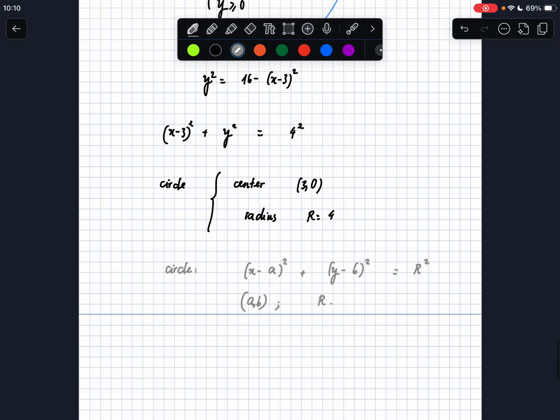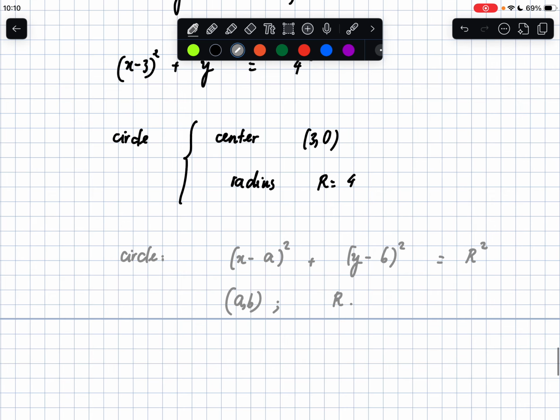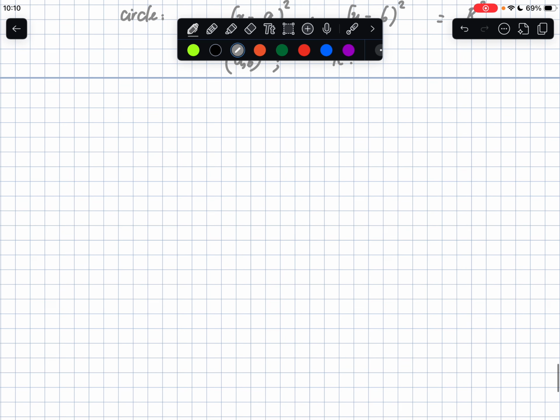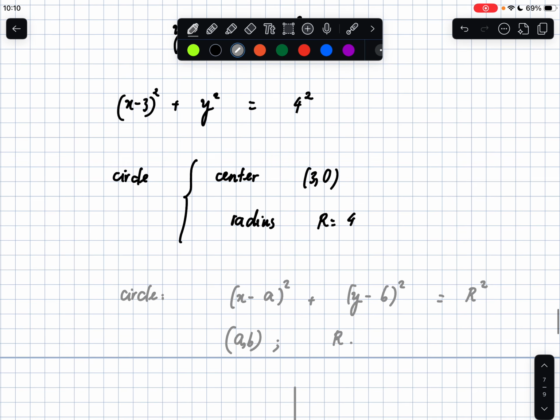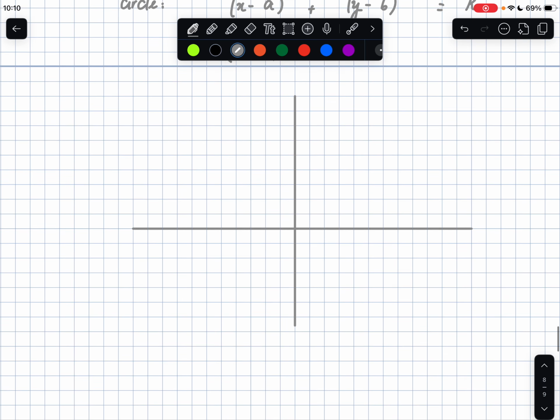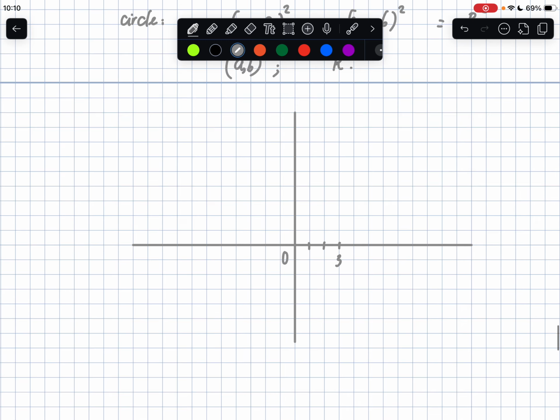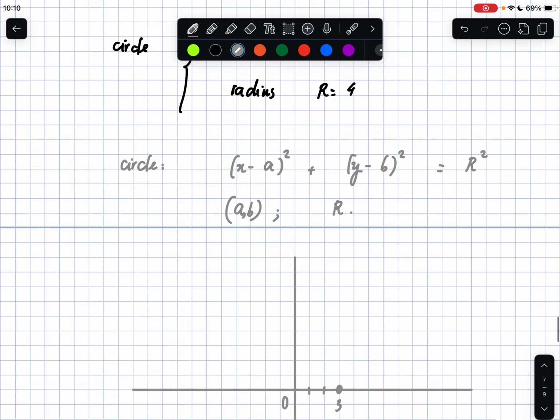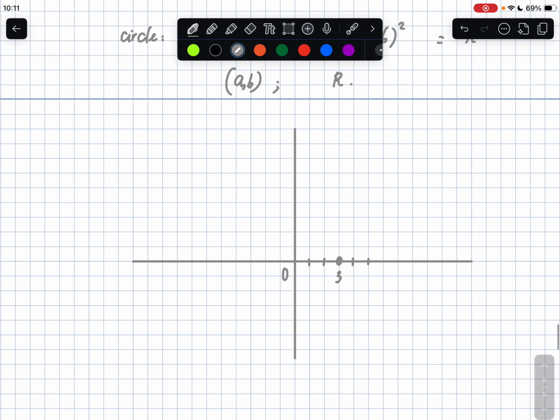Now come back to our question. We have the circle, we have the radius and center there. Let's sketch it. Center (3, 0). So 0 here, 1, 2, 3. That's (3, 0), the center of the circle. Radius is 4: 1, 2, 3, 4.